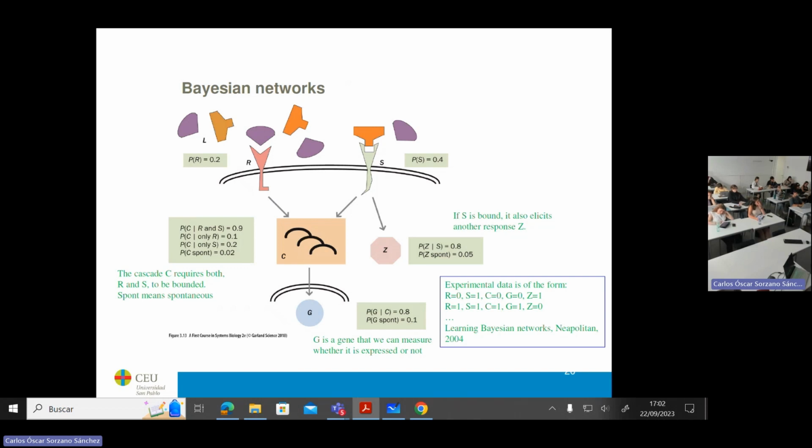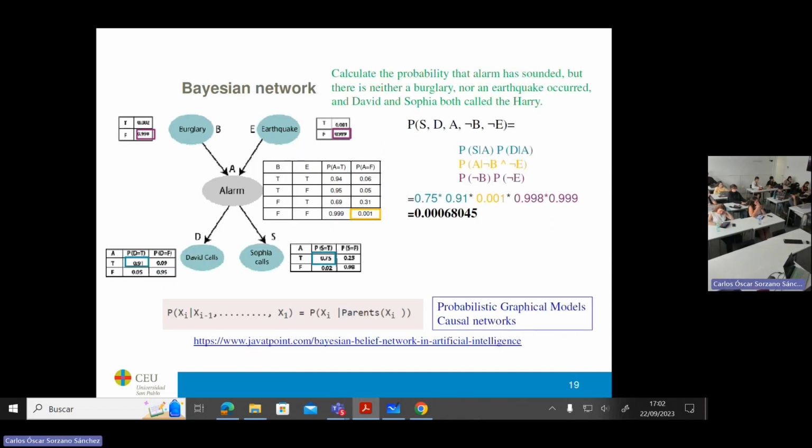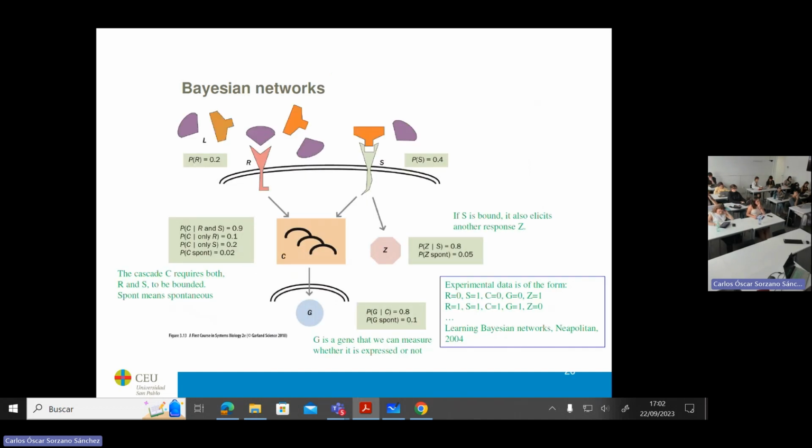So you have to assign the probability for the spontaneous activation. And the conditional probabilities, all these ones here, they're conditional probabilities. So it is the probability that David calls you, given the state of the alarm. So here, you have also to define those conditional probabilities.